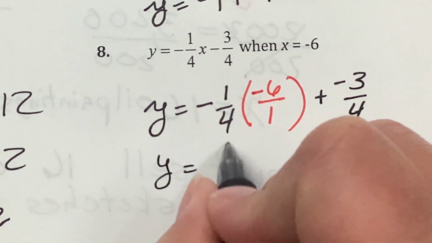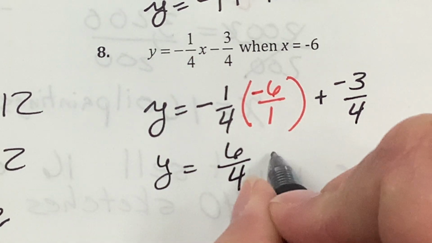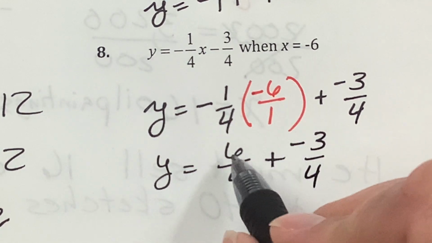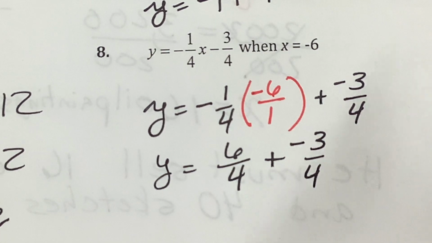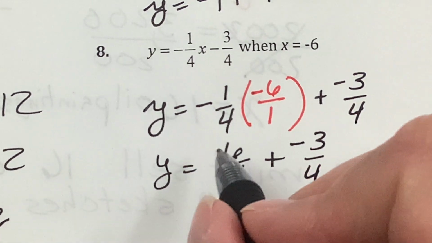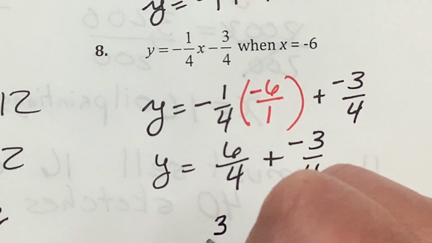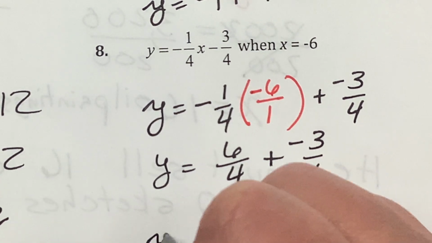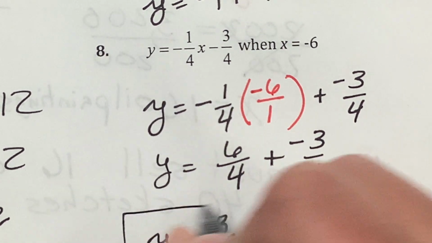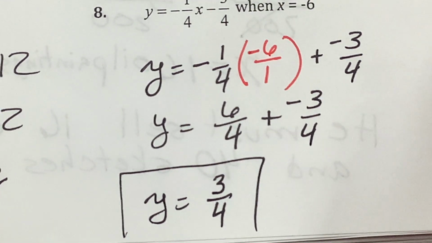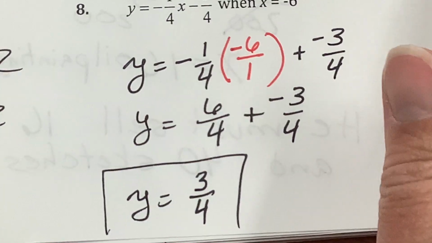Y equals 6 over 4 plus negative 3 over 4. And now when you're adding or subtracting, you just go straight across the top. 6 minus 3 is positive 3. Keep the denominator 4. Or use your calculator. Your calculators have a fraction function. Use it.